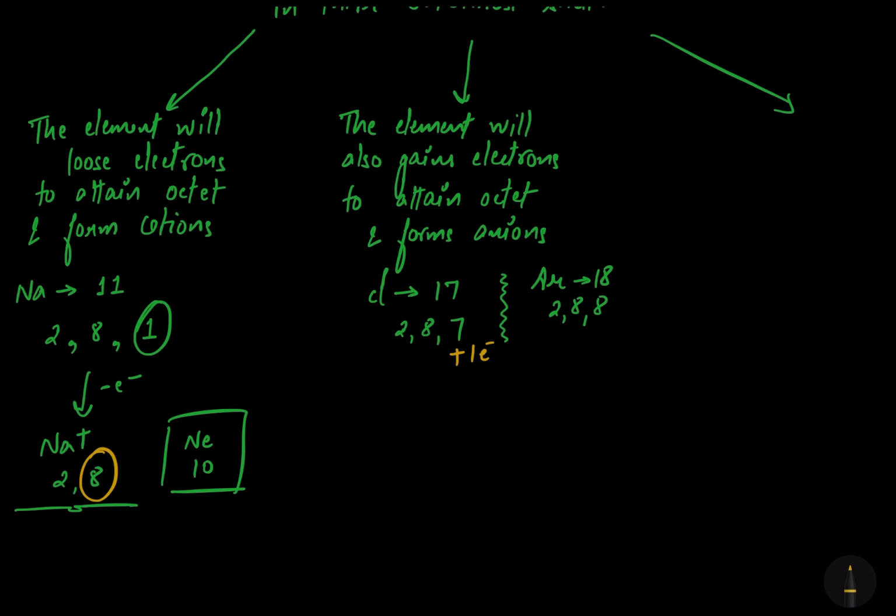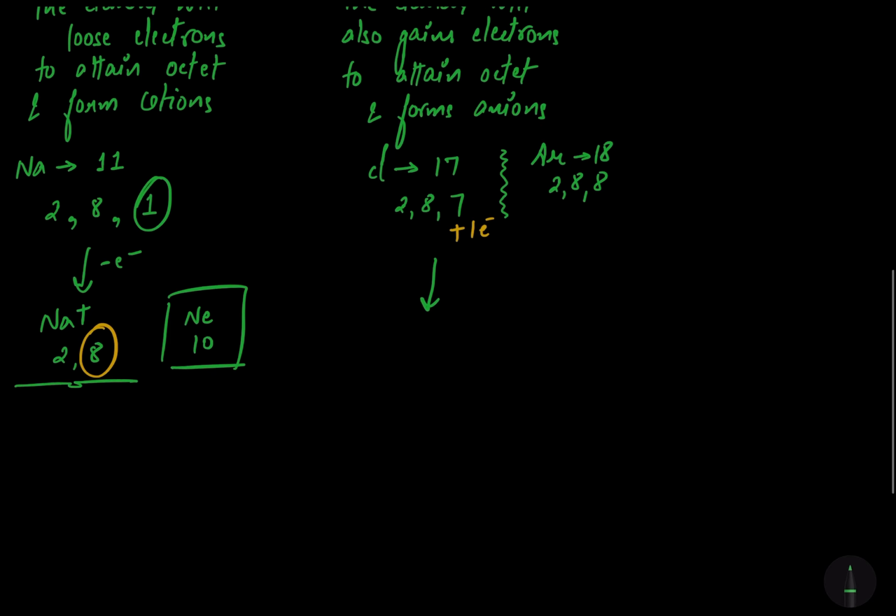Chlorine will gain 1 electron to become an anion, Cl negative, attain an octet in its outermost shell, and attain the stable electronic configuration of argon with atomic number 18. So it has formed the anion.